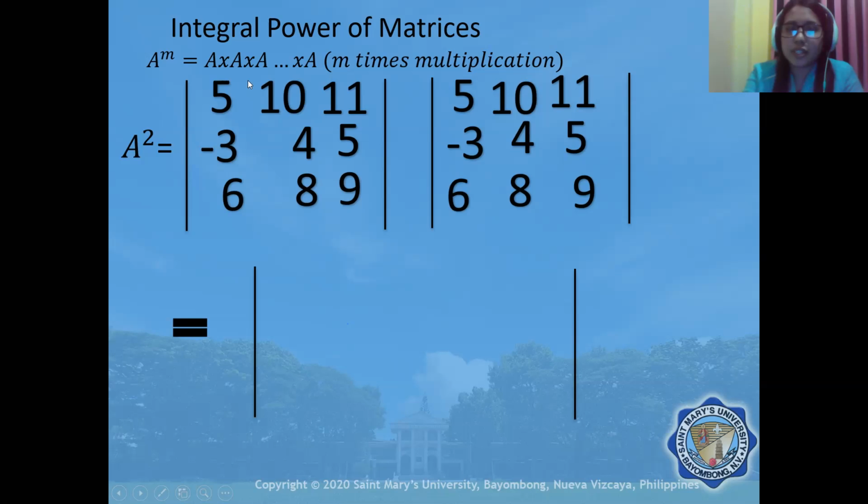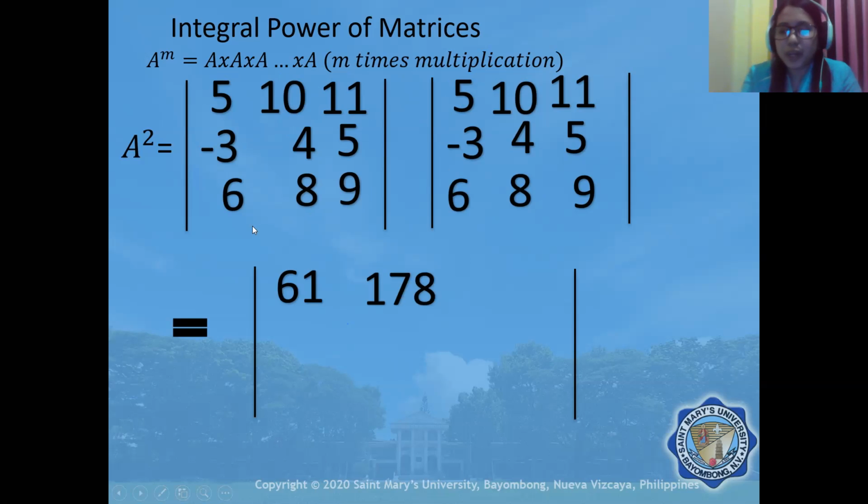All the values in the row will be multiplied to the corresponding values in the column, and the products will be added. So 5 times 5 plus 10 times negative 3 plus 11 multiplied by 6. So 5 times 10 plus 10 times 4 plus 11 times 8.